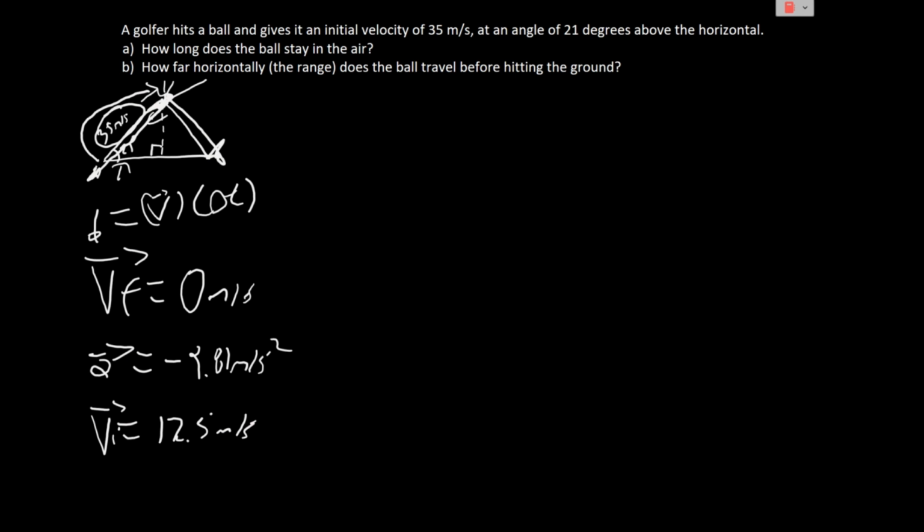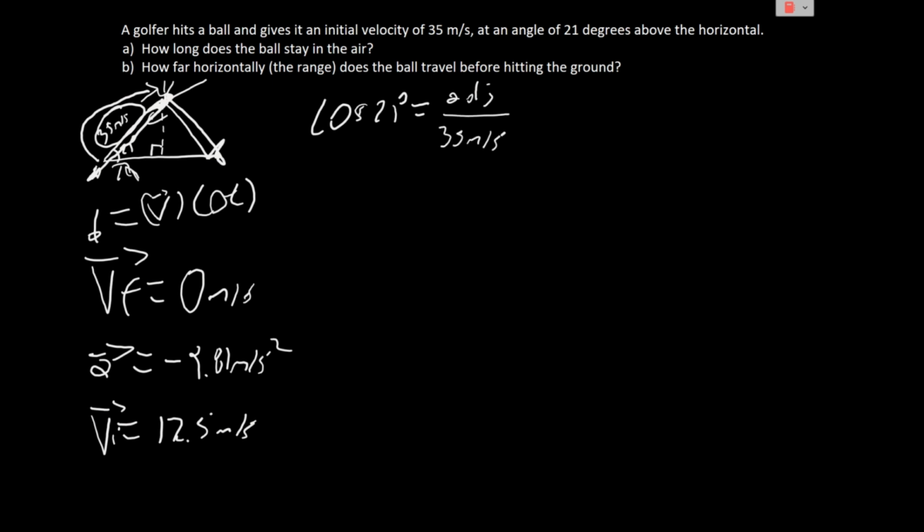Remembering back to SOHCAHTOA, from this angle, looking for this side length, we need the adjacent and the hypotenuse side. Therefore, we're going to be using cos 21 degrees equals adjacent over the hypotenuse, which is 35 meters per second.